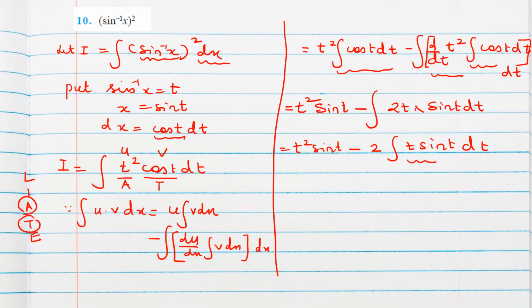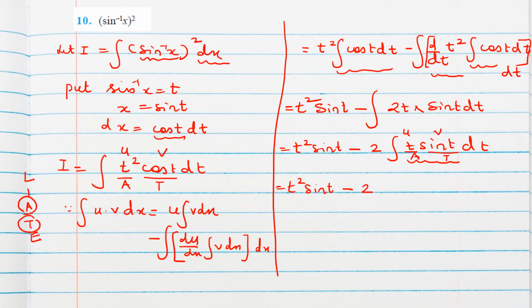See, again we got two functions in product, so we can apply the integration by parts formula again. This is trigonometric, this is algebraic. This is u, the first function, and this is v. So here t square sin t will be the same.